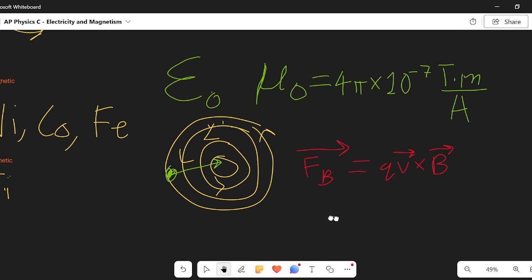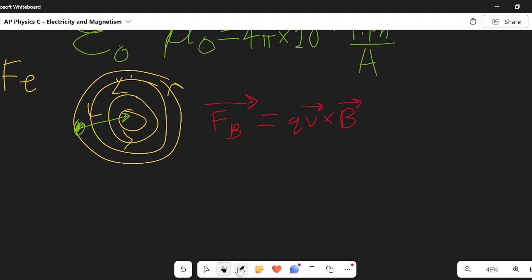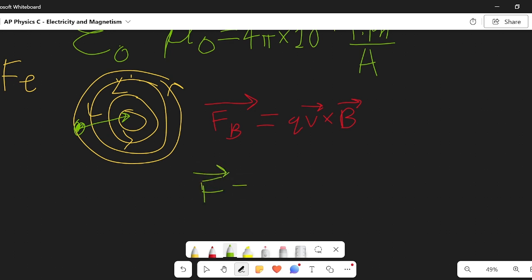So if we wanted to find the total force on the charge, right? So for example, something like so. The total force on the charge is going to be equal to the electric force on the charge plus the magnetic force on the charge. And this is going to be equal to, remember, force equals qE.